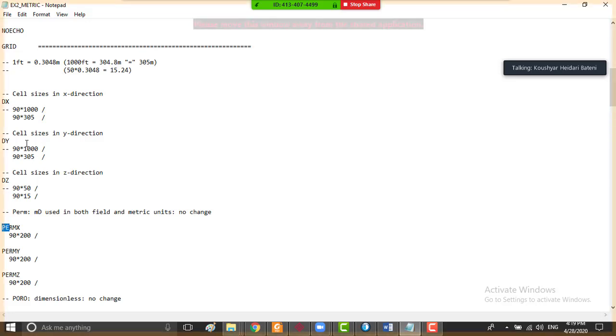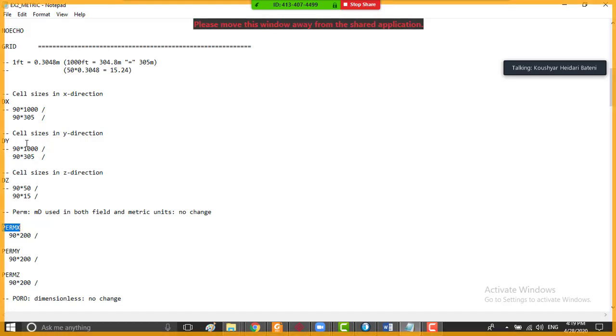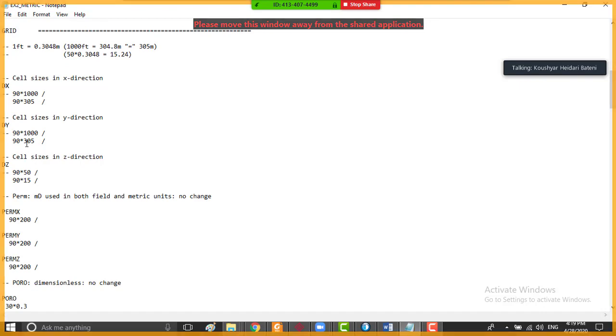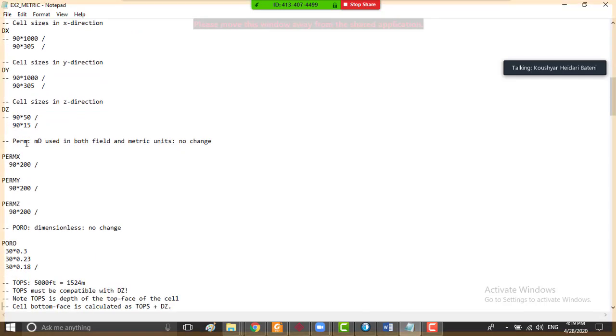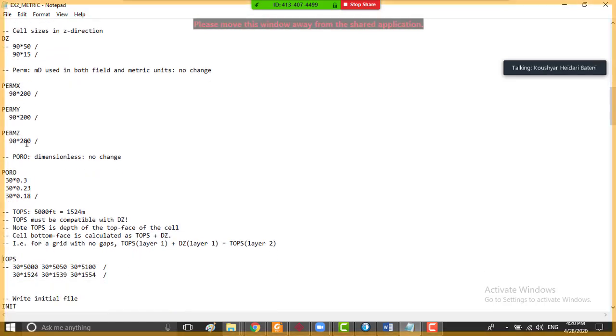Perm x is the permeability of the reservoir in the x direction. Perm y is the permeability in the y direction. Perm z is the permeability in the z direction. Poro is porosity for every matrix block in the reservoir that you're simulating. Tops is the depth of the top layer of the reservoir that you're simulating.